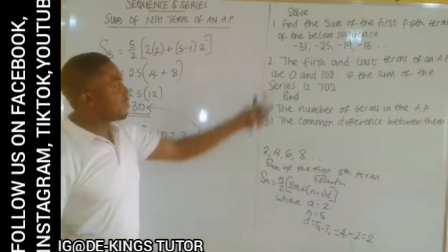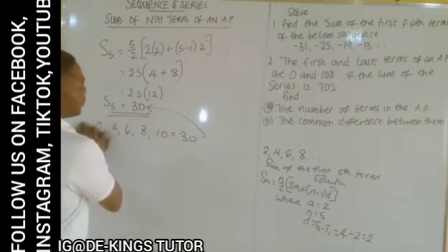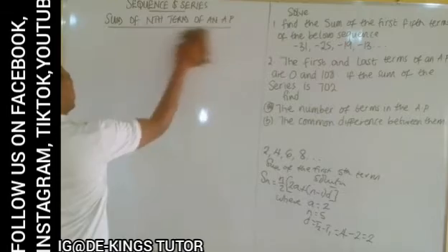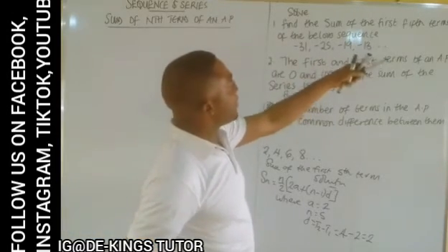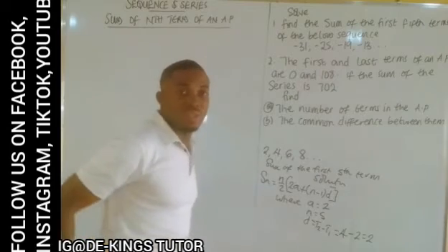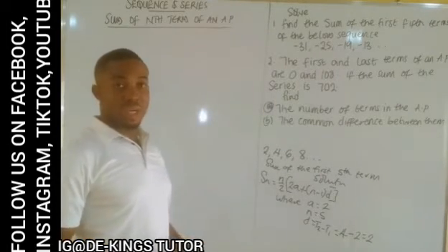So let's solve the question we are given there. It says find the sum of the first 5 terms of the below sequence, what we just did now.